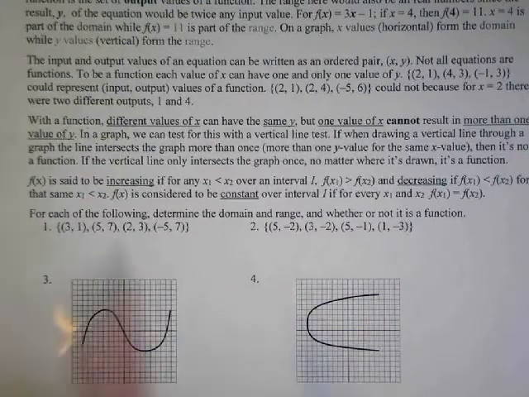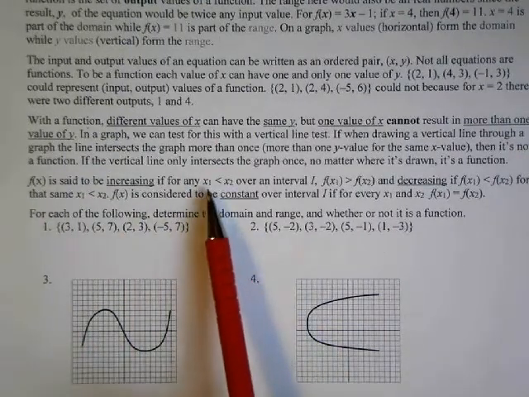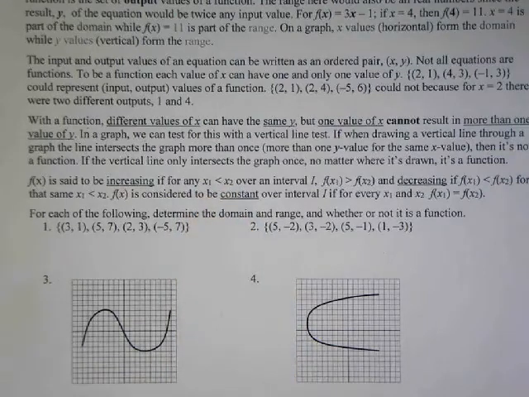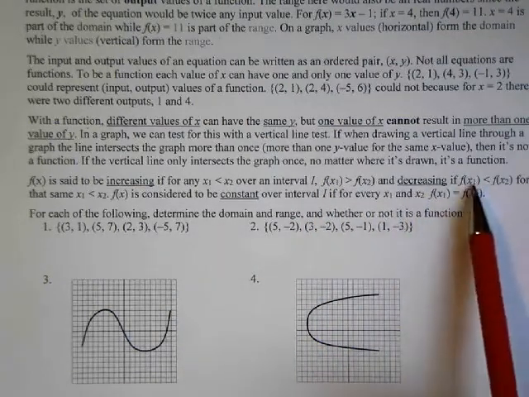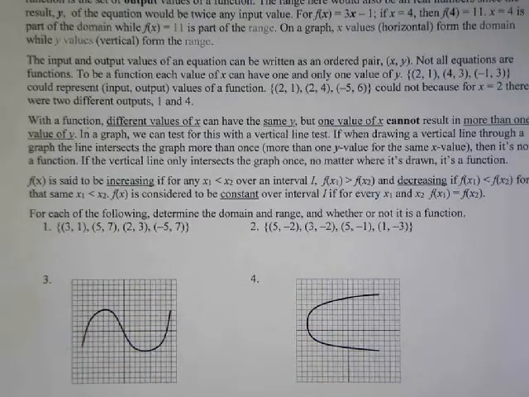f of x is said to be increasing as long as between any two x values, x1 and x2 in this case, the outputs are also increasing, and it is decreasing when we put in the x1 and x2 if the outputs are decreasing over that same interval.